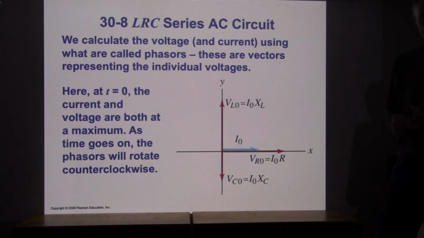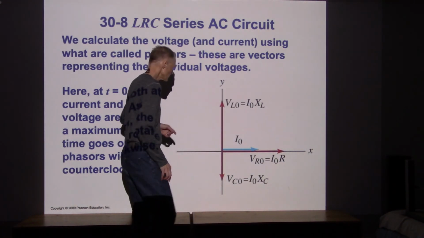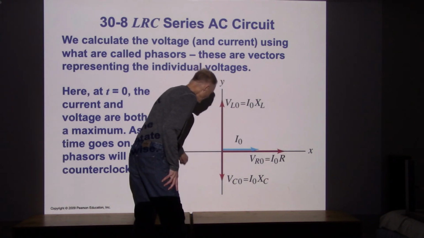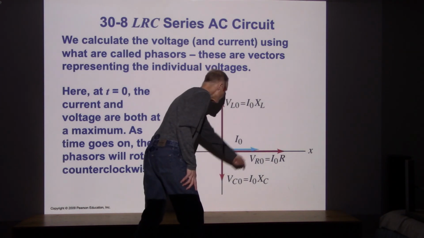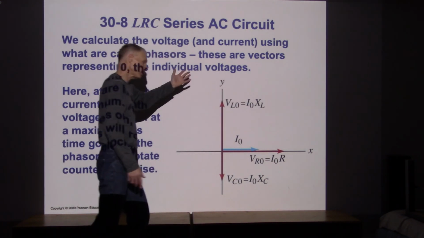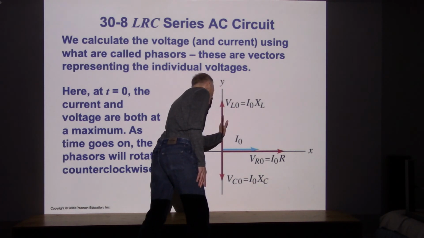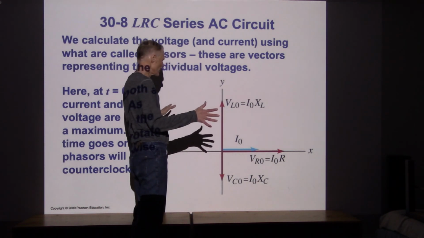A cosine function behaves as if it's the x projection of, again, that blue phasor going around in a circle. When the phasor gets to here, that's at 90 degrees, and its projection back down onto the x-axis is 0.